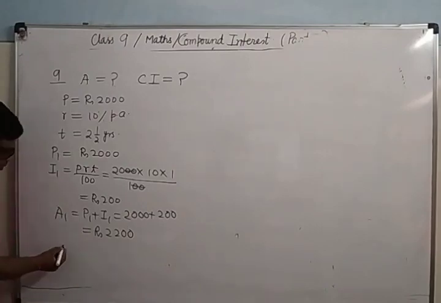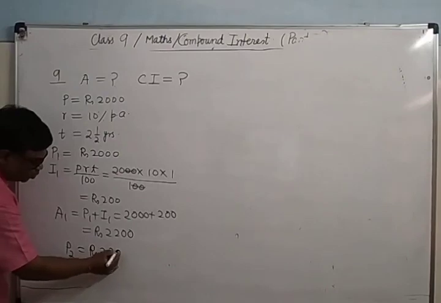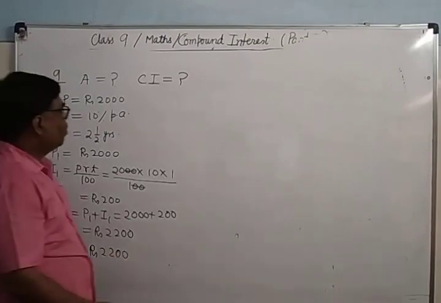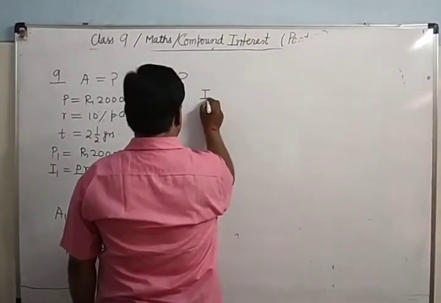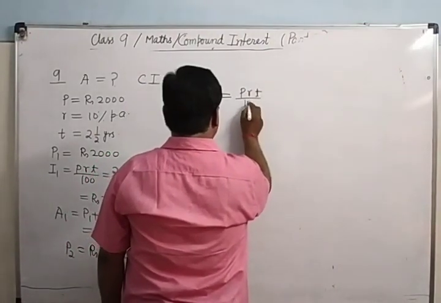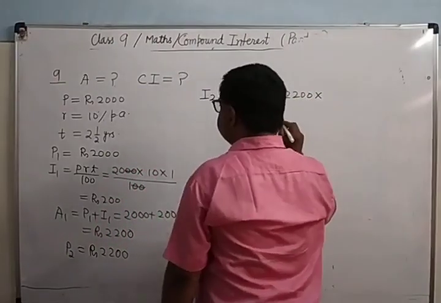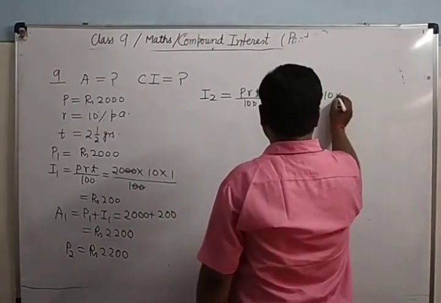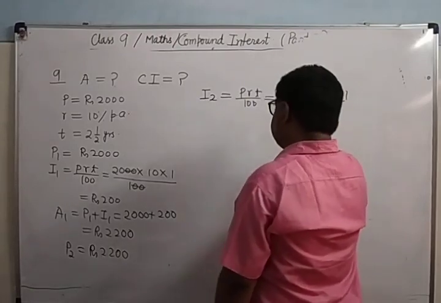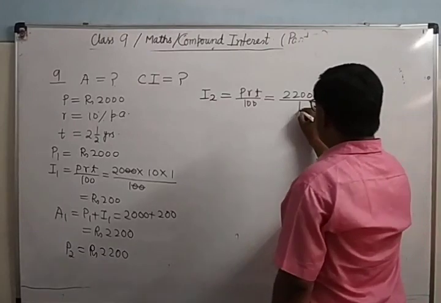Amount of the first year means the principal for the second year. P2 equals rupees 2200. Now what will be the interest of the second year? As you know, interest is PRT upon 100. P is this, rate is 10%, time is once again 1 year because the second year is also a full year, upon 100.